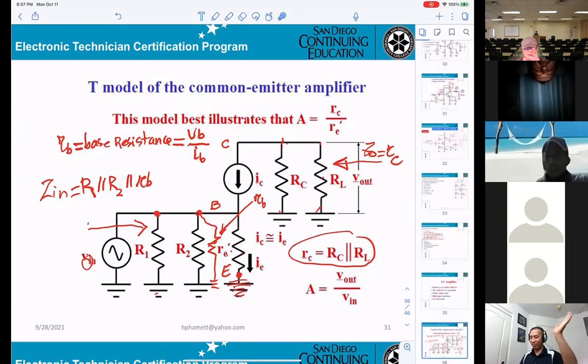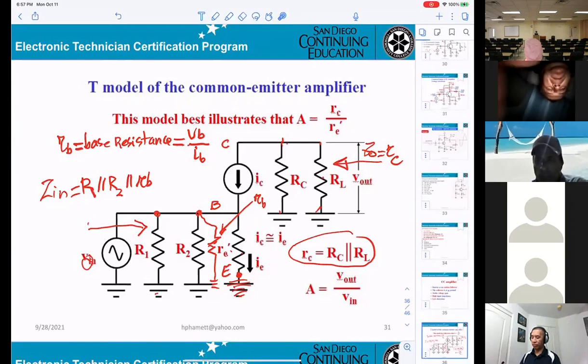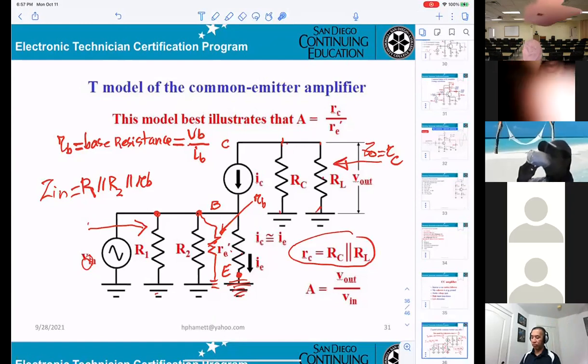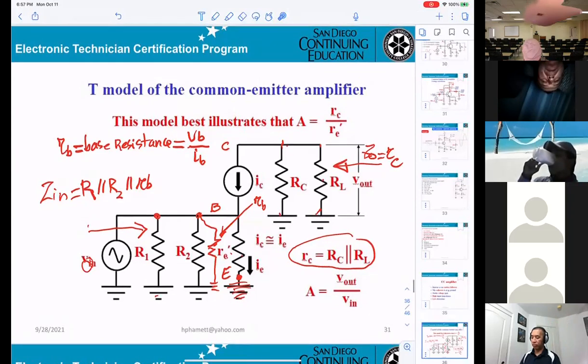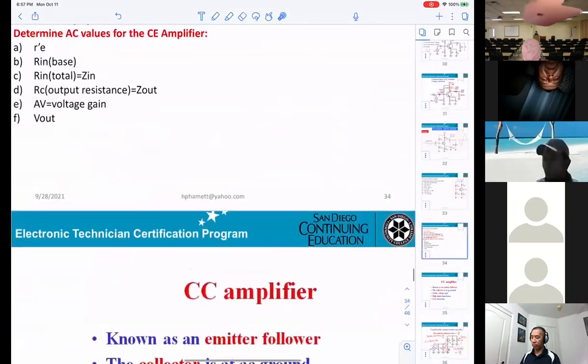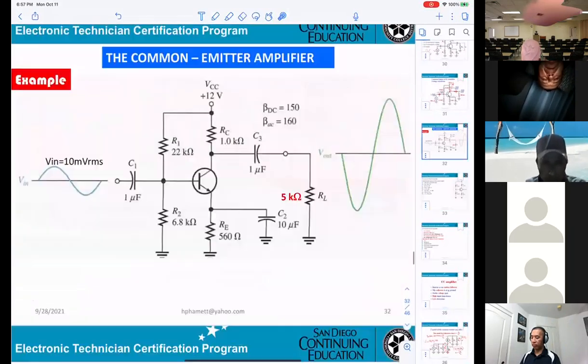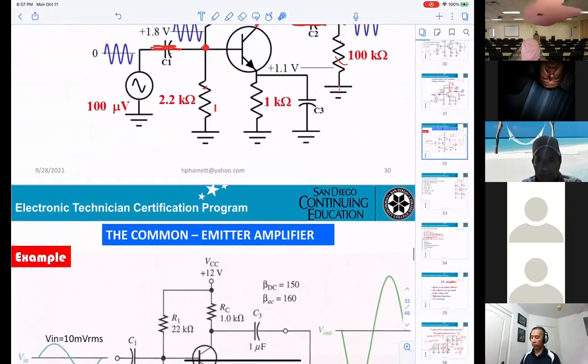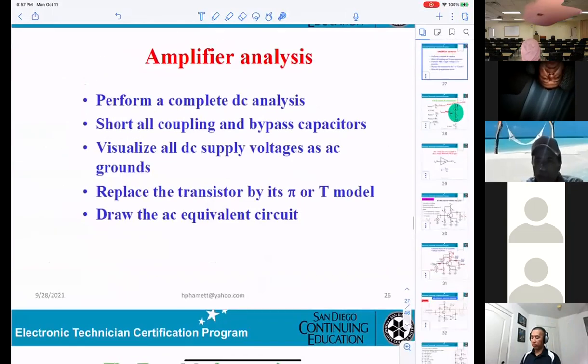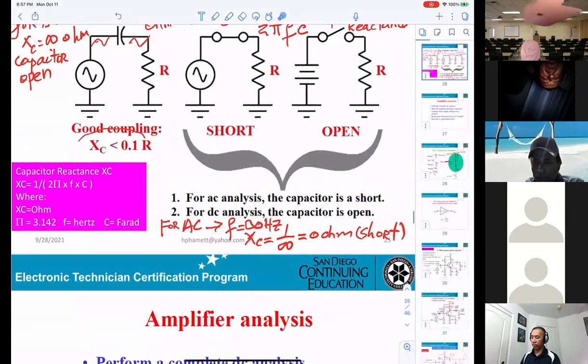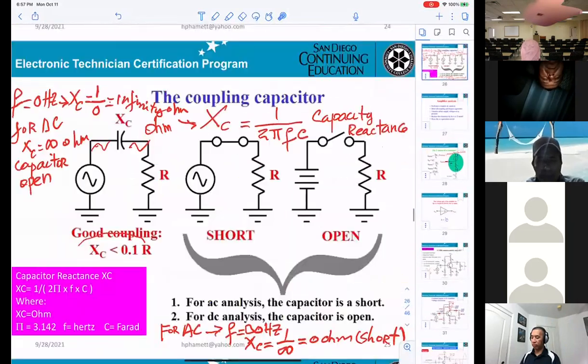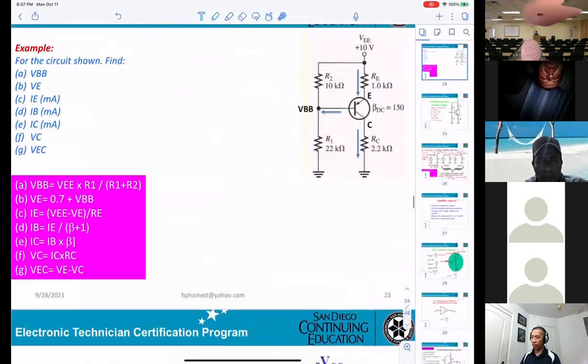Quick question for you, Professor. Could you go to slide 21? Slide 21, yes. I just want clarification because I know we're going to have a quiz on it, on the voltage divider bias.